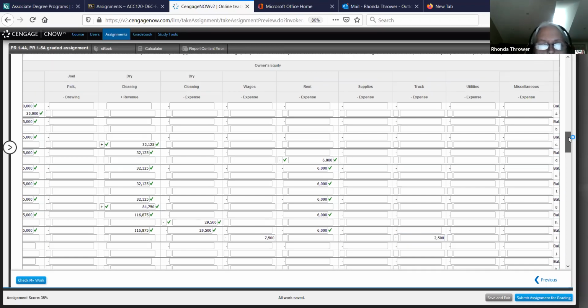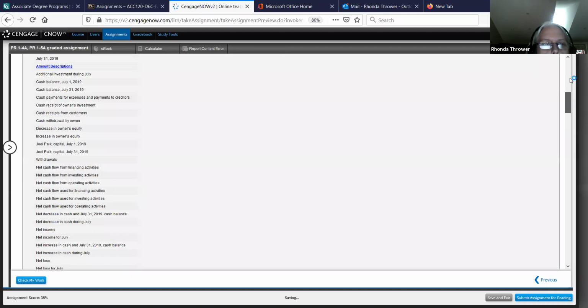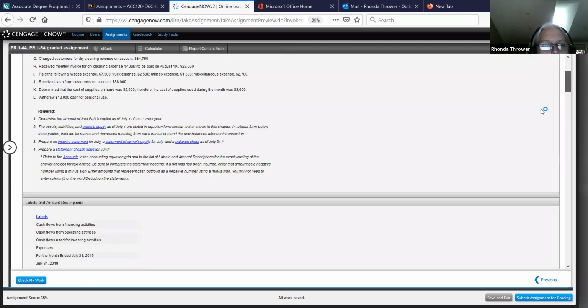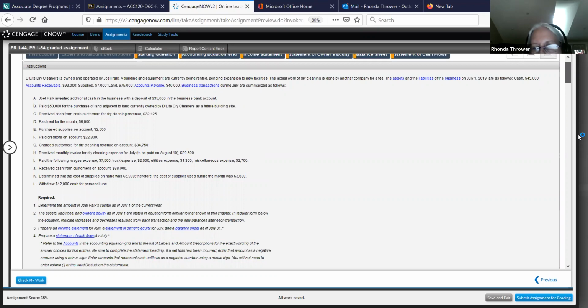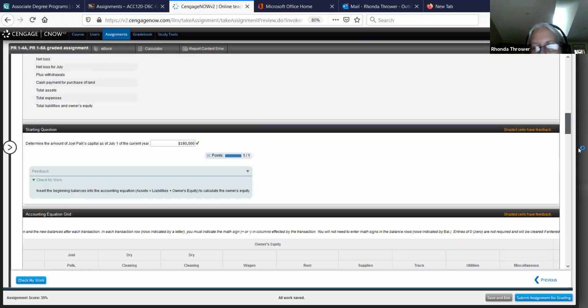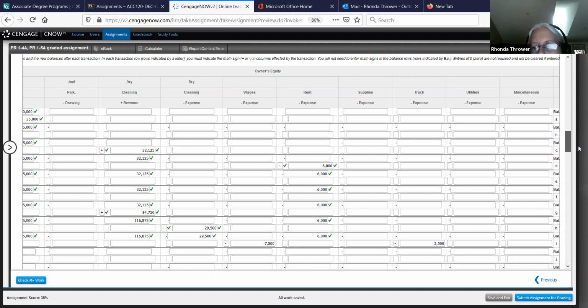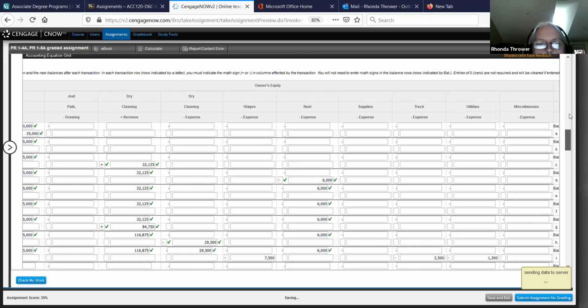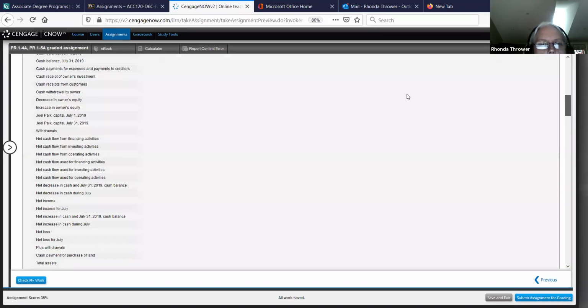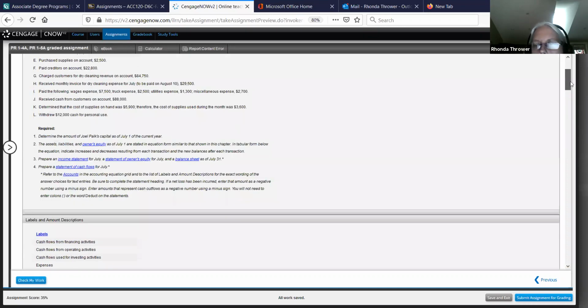And we'll scroll back up to the top and look for our next expense, with utilities at $1,300. And then the last part of I said we had miscellaneous expense at $2,700.